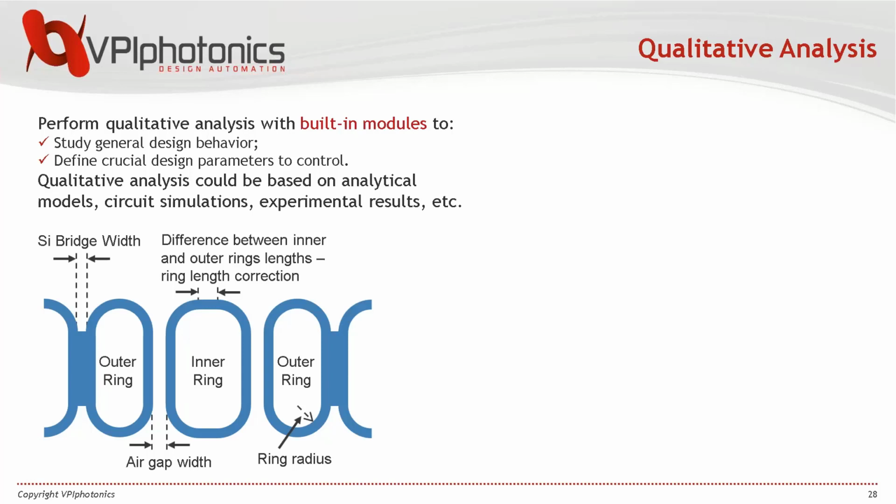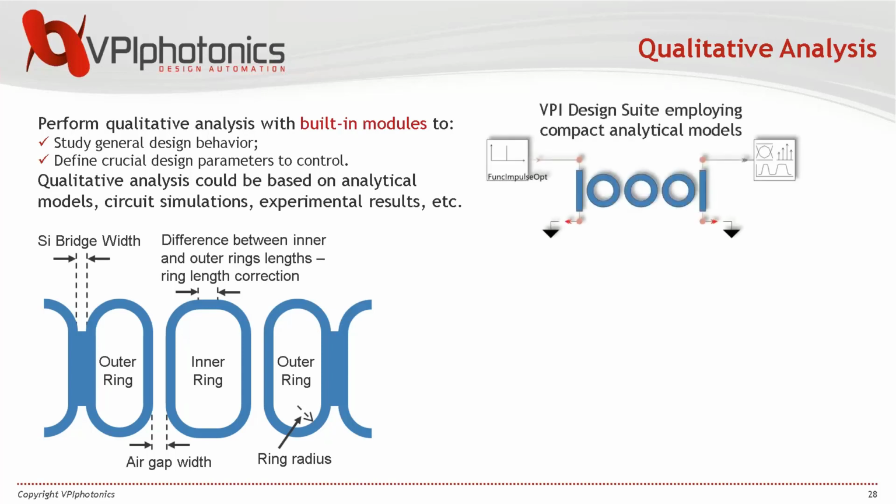And according to our experience, it is really important to perform a preliminary qualitative research of the device we are considering, just to get the idea of how it behaves, which are the main dependencies, which component characteristics are crucial, and what limitations we have.